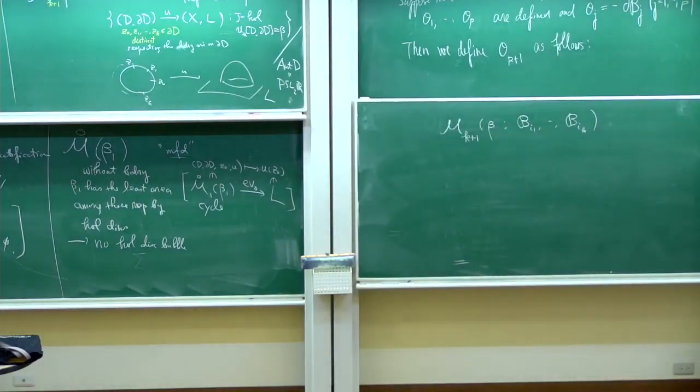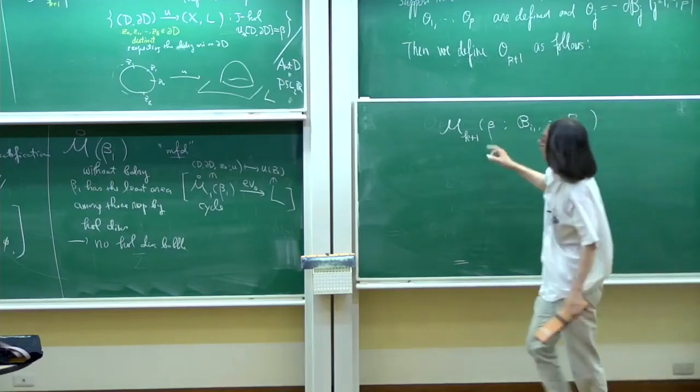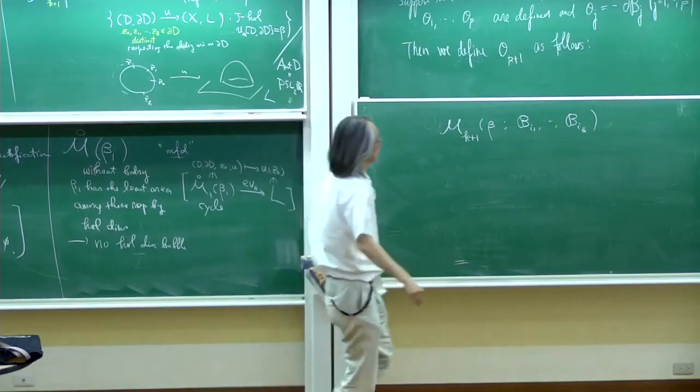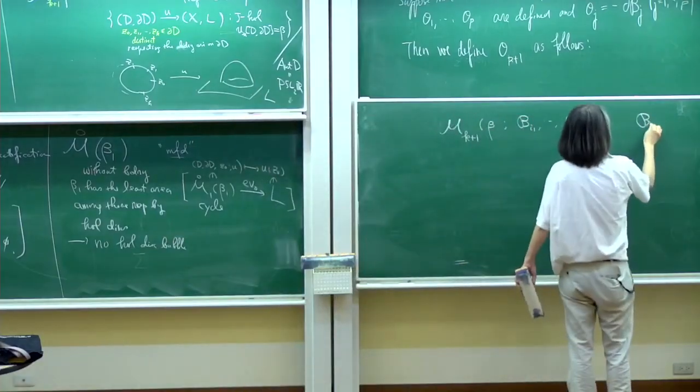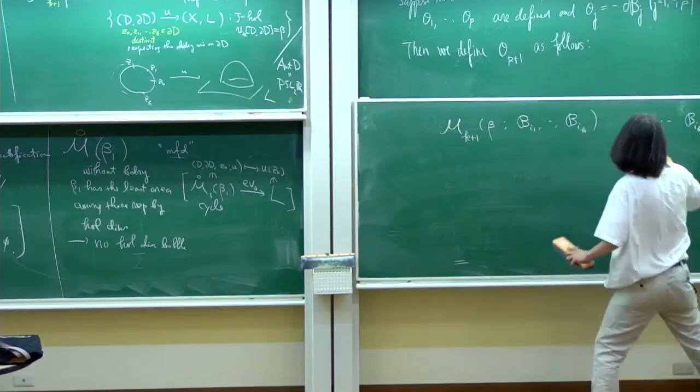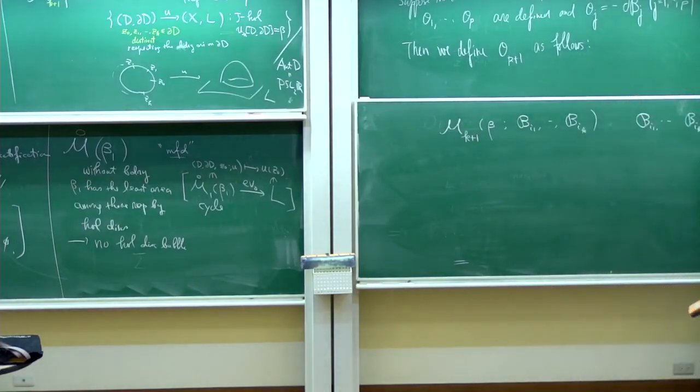And here, beta is a class represented by holomorphic disks. And these B_{i1}, ..., B_{ik}, they are one of these B_1, ..., B_P, okay?